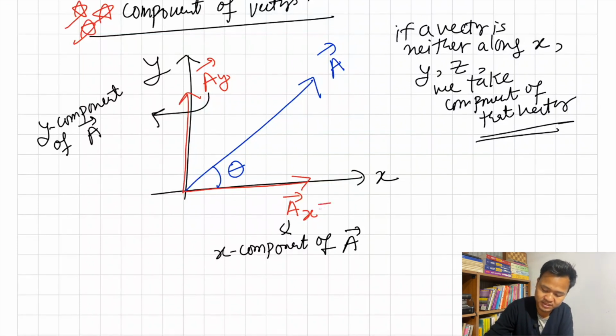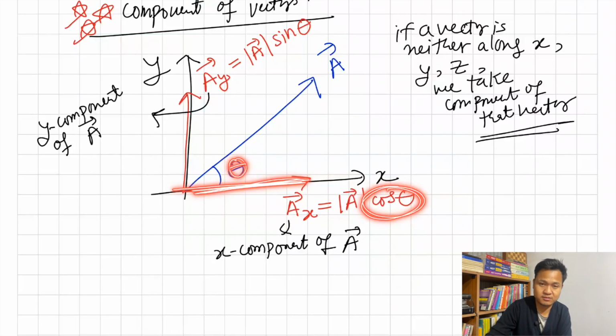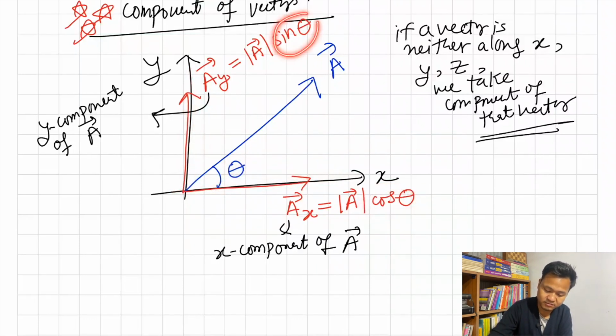Here the way to write this is ax equals the magnitude of a times cos theta, and ay equals mod of a bar times sine theta. Look at the angle theta: along the side that contains the angle you write cos, and if the side doesn't have the angle, then you write sine.